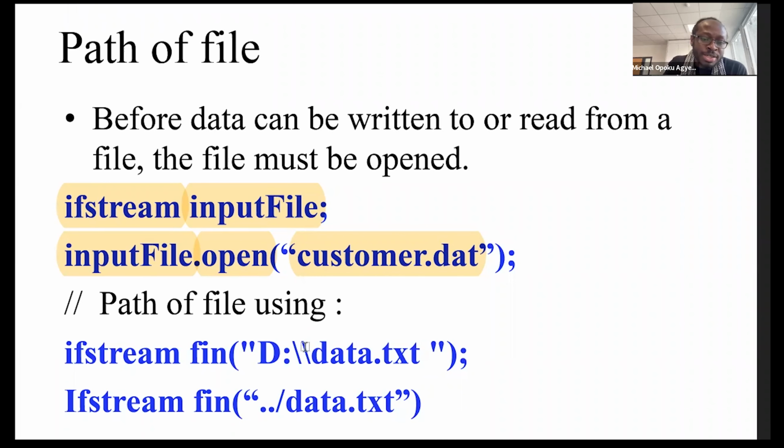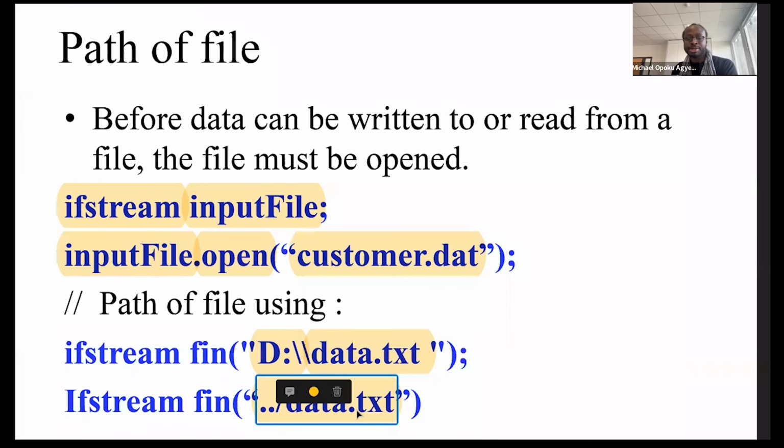Otherwise, if the file is located in a different place, like drive D, for example, then you can go to drive D and then find the particular name of the file you want to open. Alternatively, you can use the dot operator, which gives you a way to find a file from the home directory, for example.